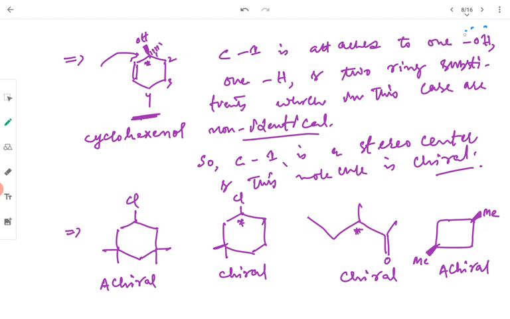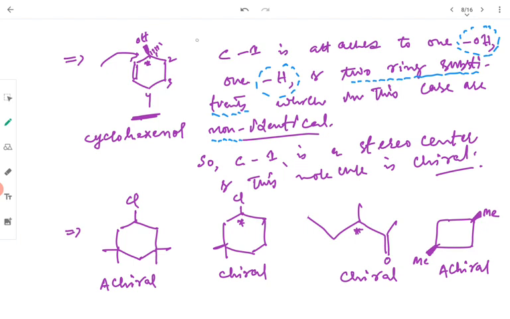It is attached to one OH group, it is attached to one hydrogen, and two ring substituents are there. But here you see these two ring substituents are non-identical, they are not identical.